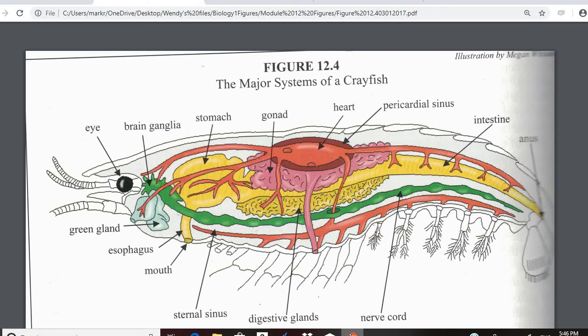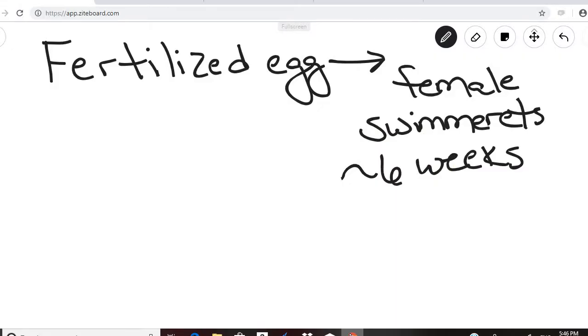Okay, so I think that is it in terms of the internal structures of the crayfish. So that takes care of class Crustacea. The next class that we will do is class Arachnida.